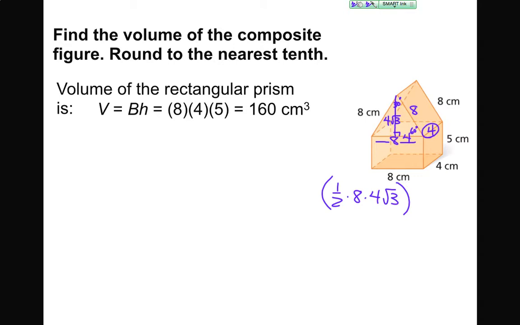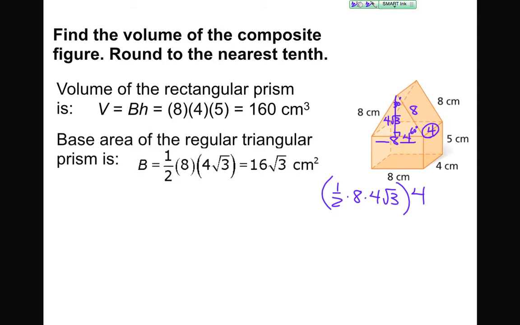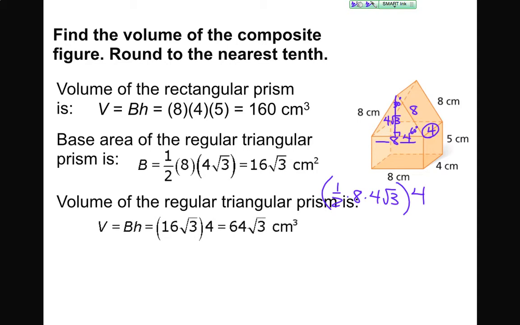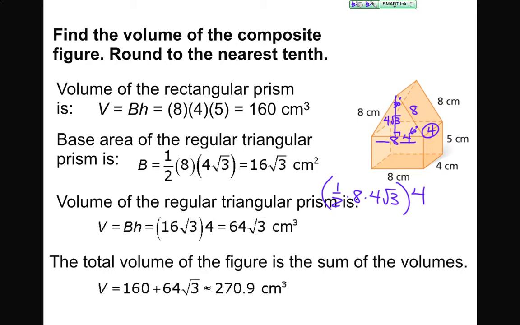Does that make sense? 4 would be the height. So base area times height. The triangular prism comes out to be, right now I didn't go decimal, 16 times the square root of 3. And then we're just going to add those together. 270.9 when you're done.